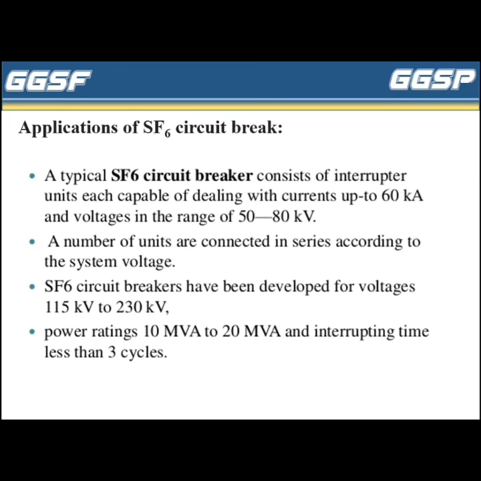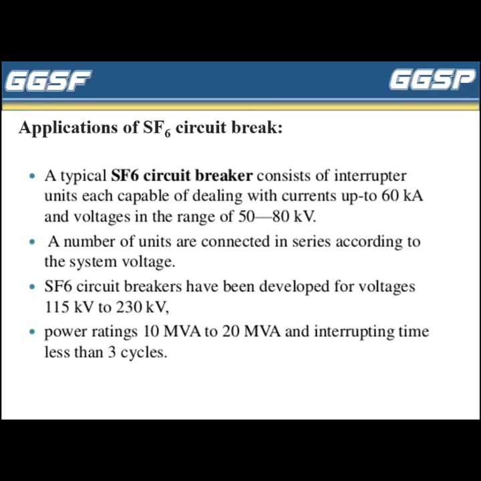Applications of SF6 circuit breaker. A typical SF6 circuit breaker consists of an interrupter unit, each capable of dealing with current up to 60 kiloamperes and voltage in the range of 50 to 80 kilovolts.